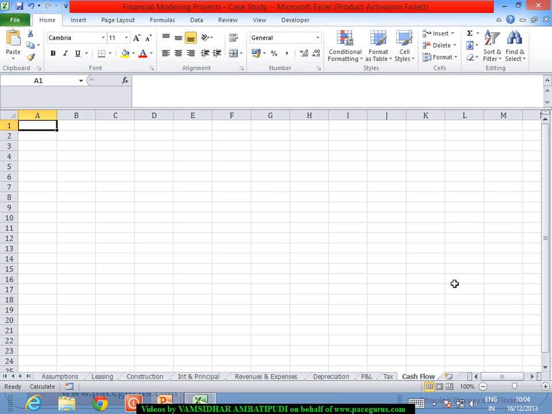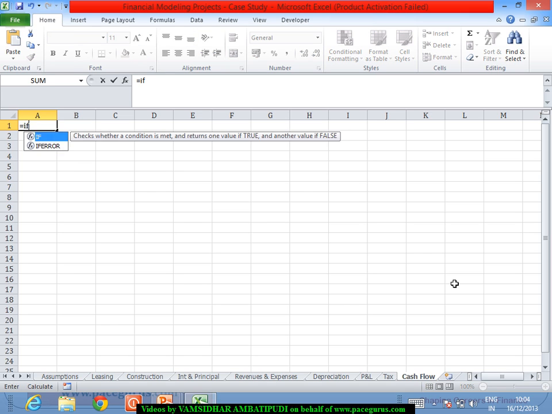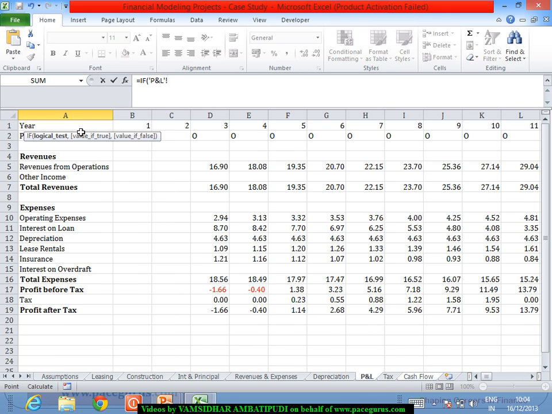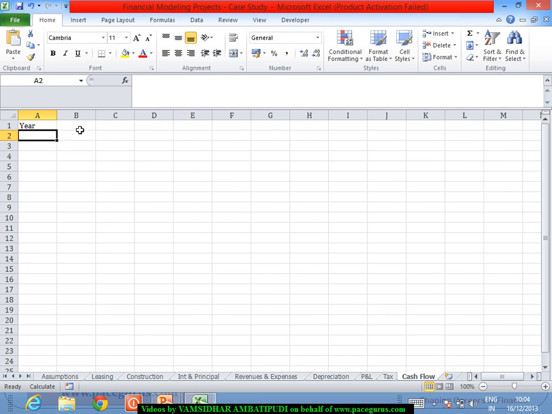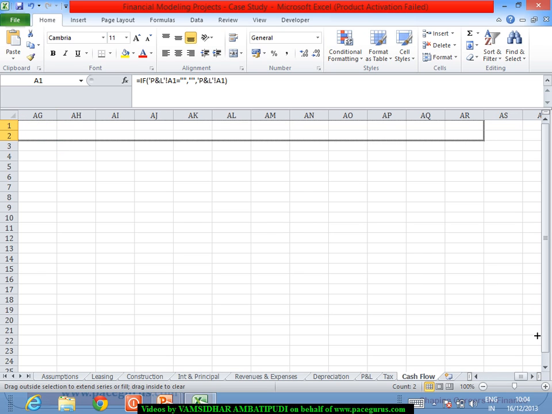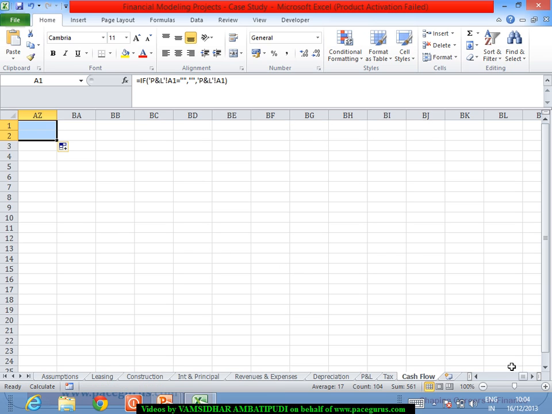The same logic applies, because we will be preparing this year over year for each of the years. So the first part I'll keep the same: if this is equal to blank, I will keep it as blank, otherwise I'll populate it with the value. The same logic across, and I'm dragging it up to AZ. Alright, so this part is the same.